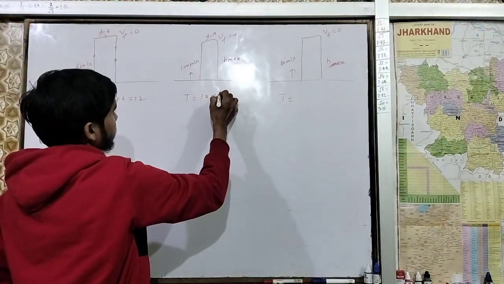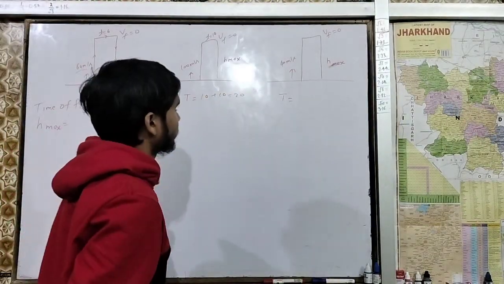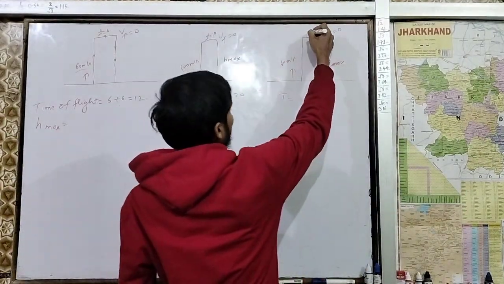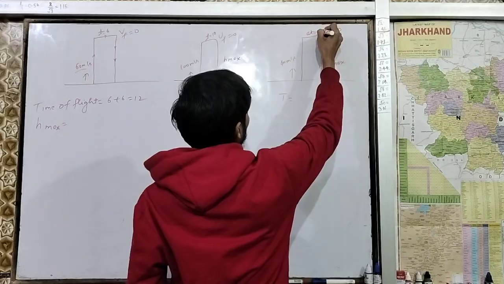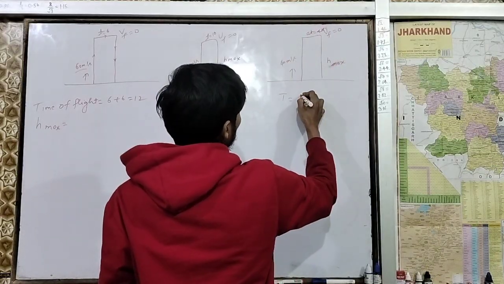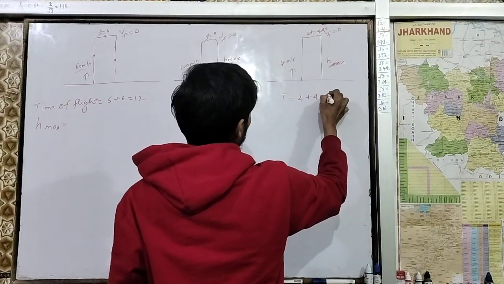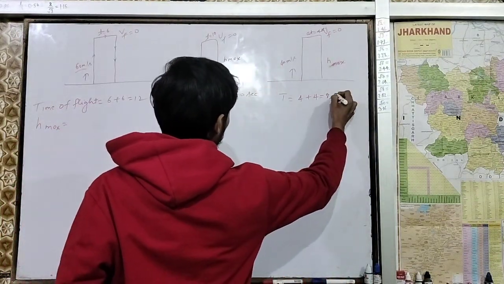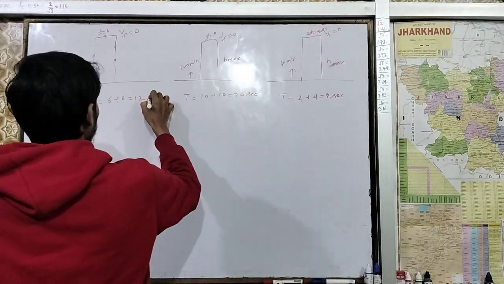So 10 plus 10, 20. Here 40, at 4 seconds velocity is becoming 0. So 4 plus 4 is equal to 8. So 12 seconds, 20 seconds, 8 seconds.